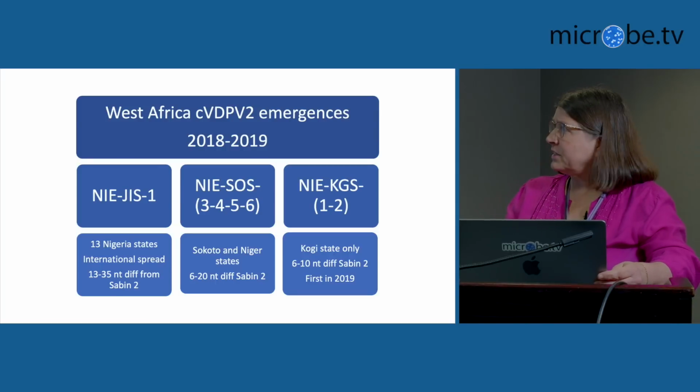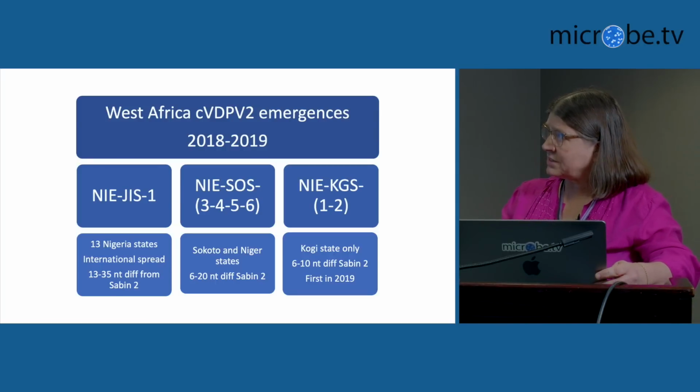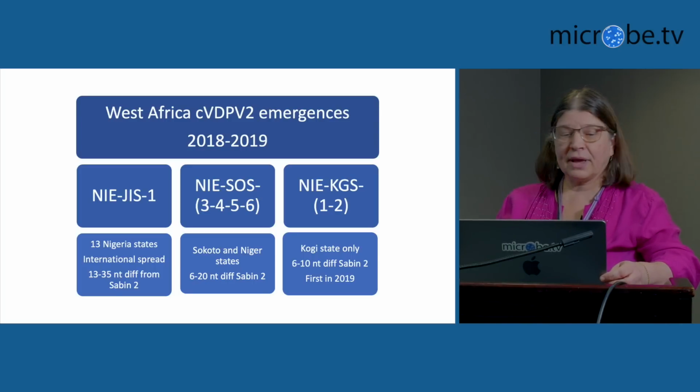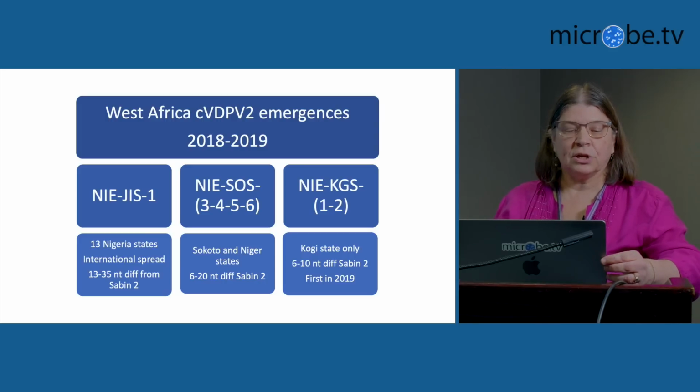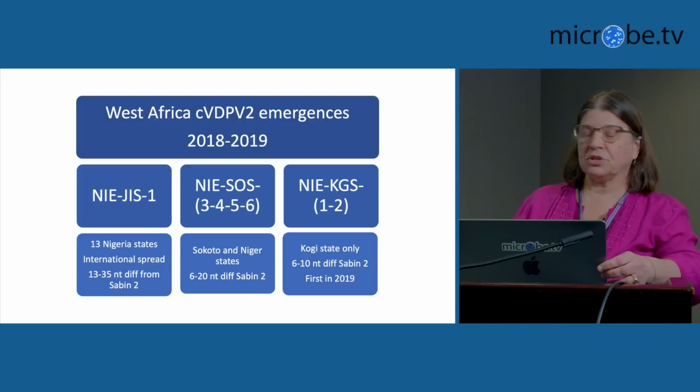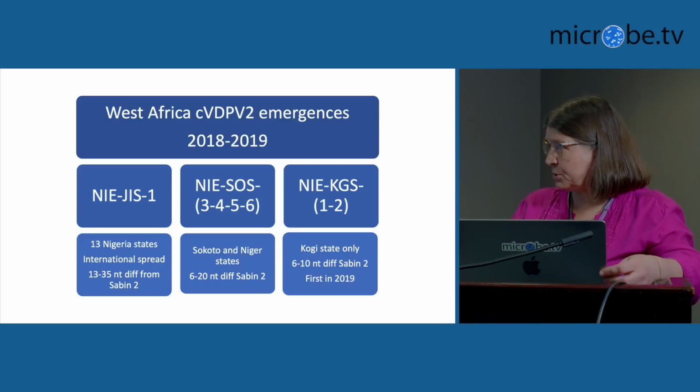Just to give some idea of some of the emergences in the 2018 to 2019 period in West Africa, this NIE-JIS-1 here on the left covered 13 Nigerian states, spread internationally, and was relatively divergent with 13 to 35 nucleotide differences from Sabin 2.